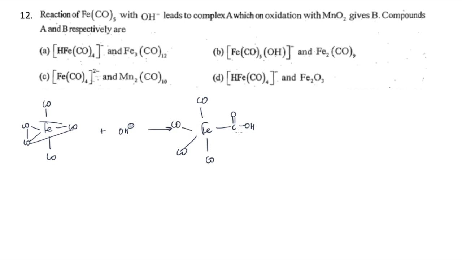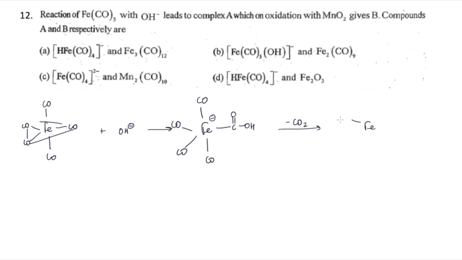In the next step, since OH minus has added, the negative charge will go on the iron itself. Then carbon dioxide, being a stable molecule, will get eliminated, and you will form a product like this.